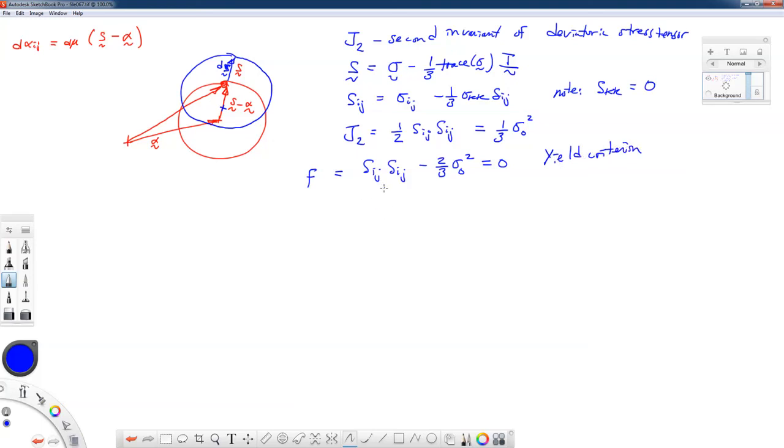Again, based on our index notation and our summation here, there are actually 9 terms. I've done this recently, but I'll go ahead and write these out. S11, I repeats and J repeats. We end up with 9 terms that look something like this.